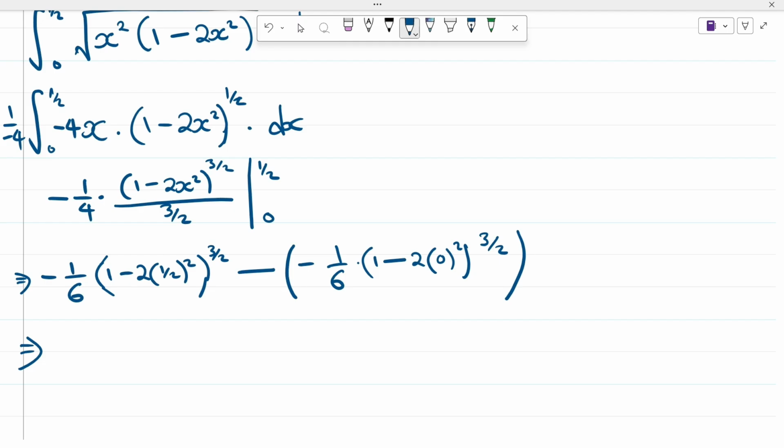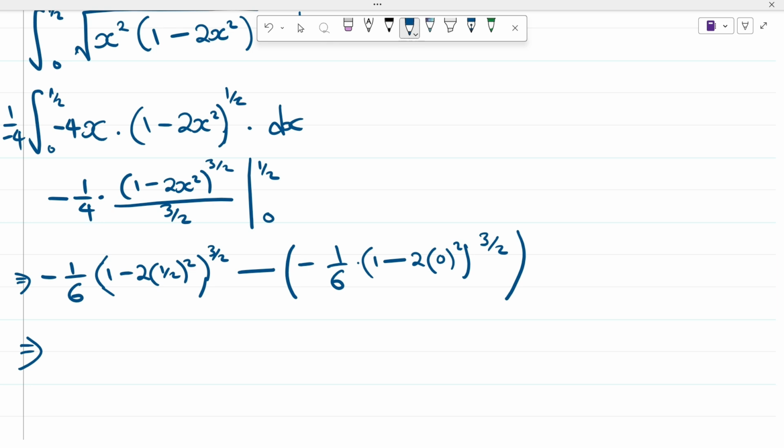So it's going to be minus 1 over 6 multiplied by 1 minus 2 into 0.5 squared. Then you close, you say to the power 3, everything to the power 3 over 2.